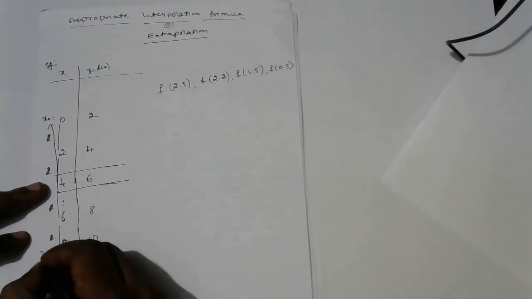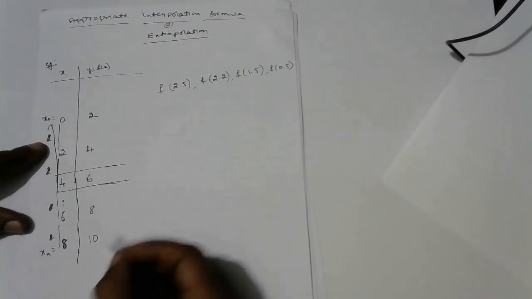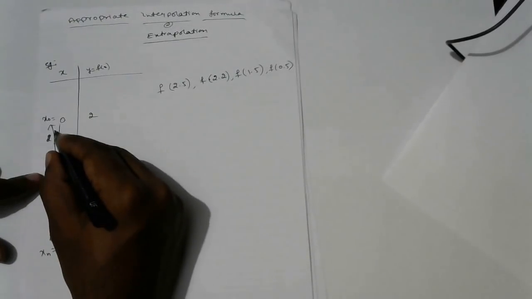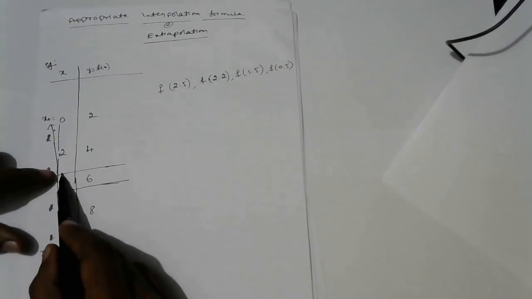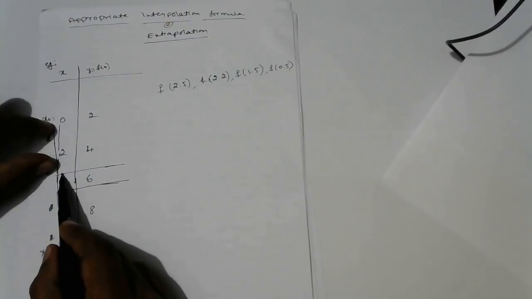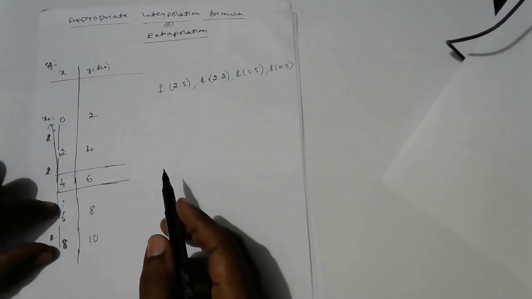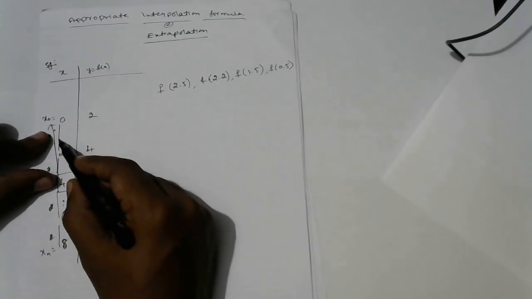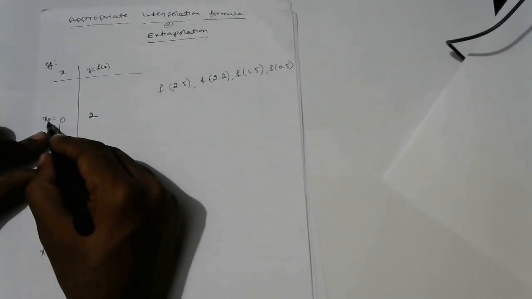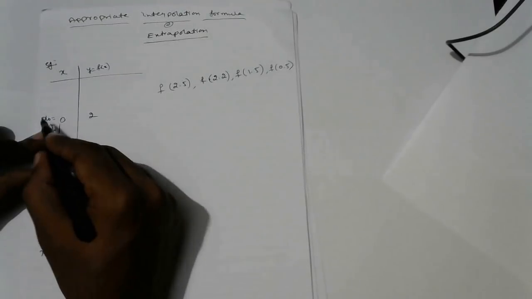Here this is x0 and this one I will call xn. All these values are in the upper part, the first half of the table, so they are nearer to x0.